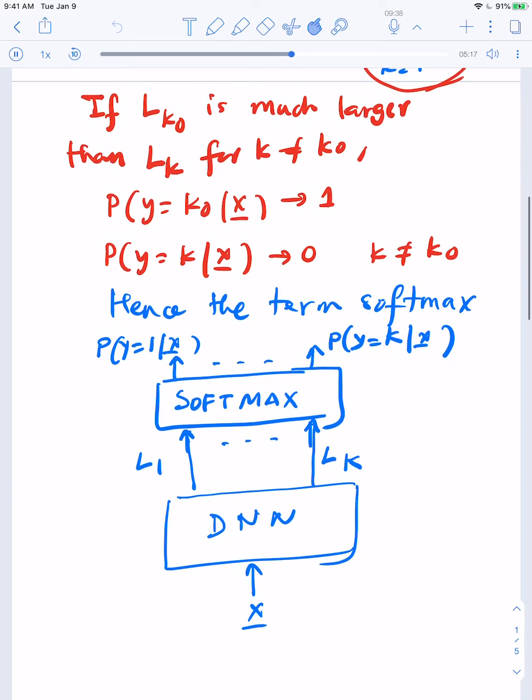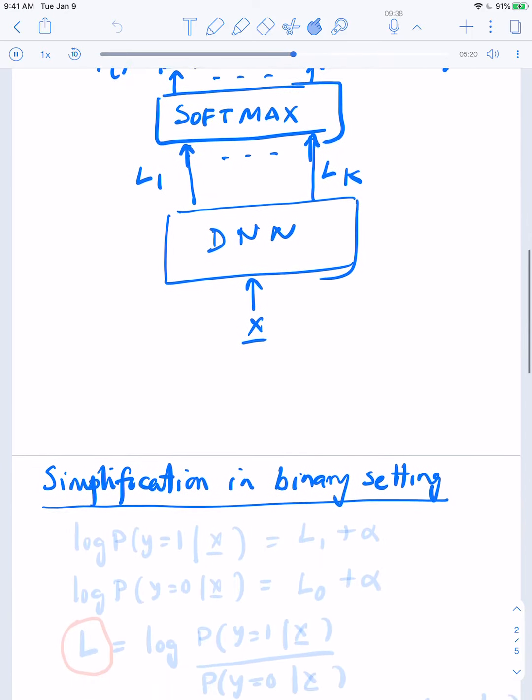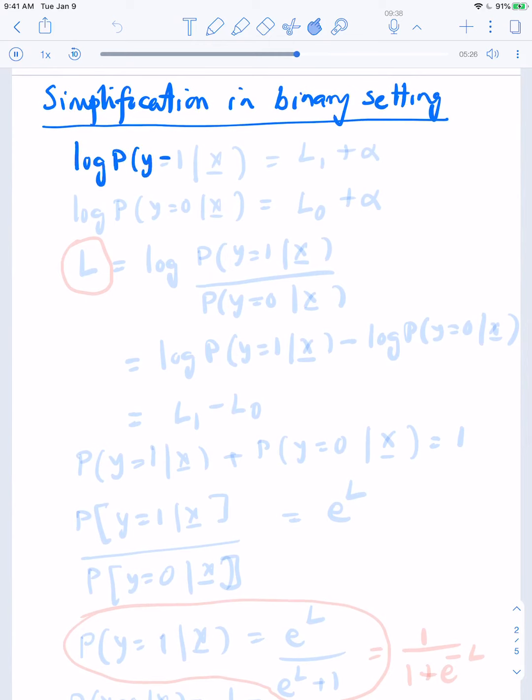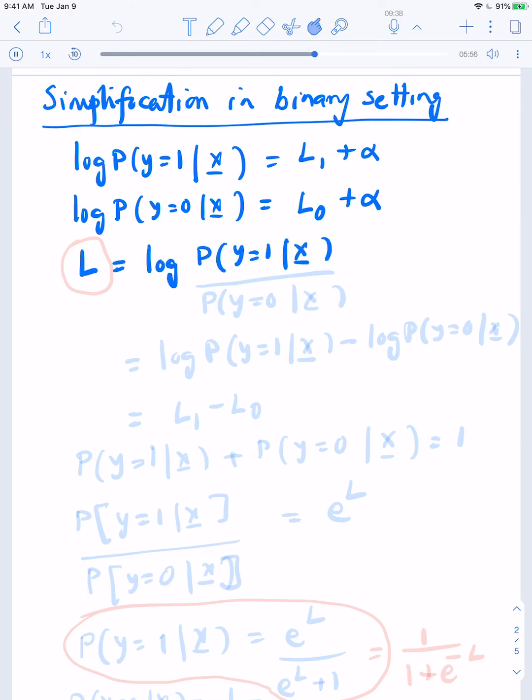So now let's look at a simplification in a binary setting. In a binary setting, we have class 0 and 1, and suppose my log of the probability of y equals 1 given x is, I'll call it, L1 plus alpha, and the log of the probability of y equals 0 given x is L0 plus alpha. Well, in this case, I often define the log likelihood ratio, L, as the log of the ratio of these two probabilities, which is of course the difference of the logs.